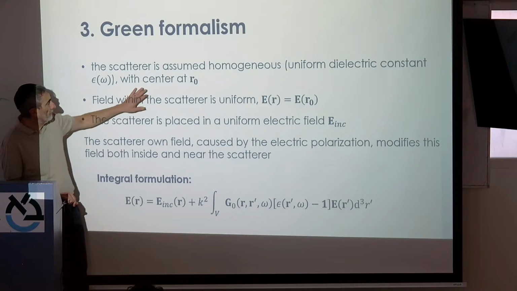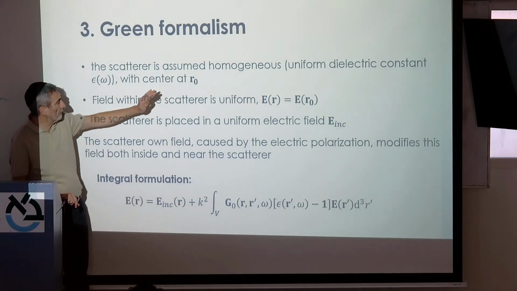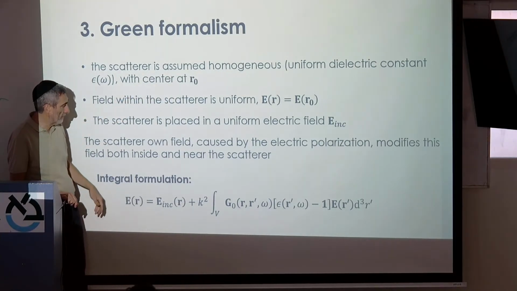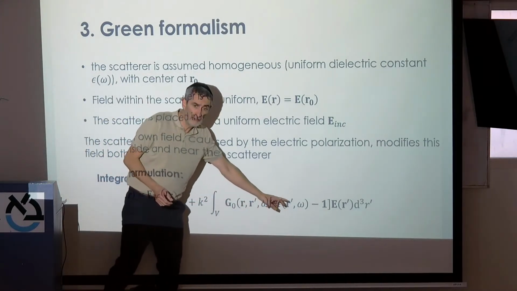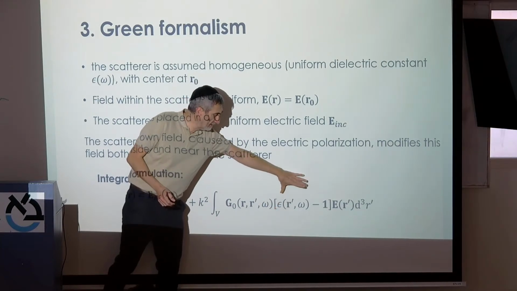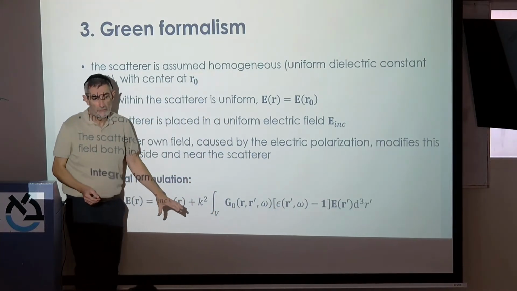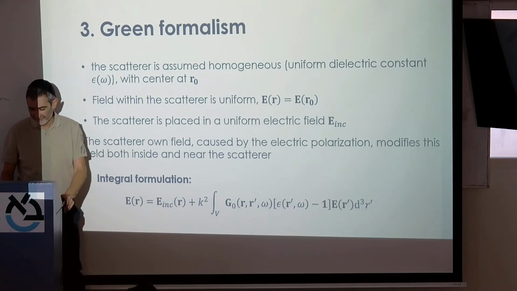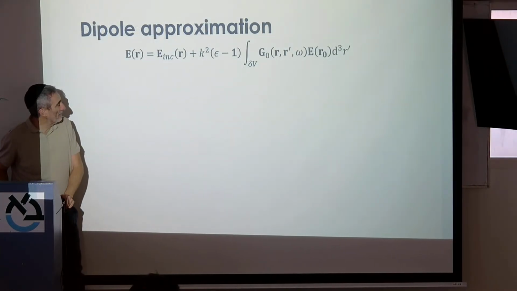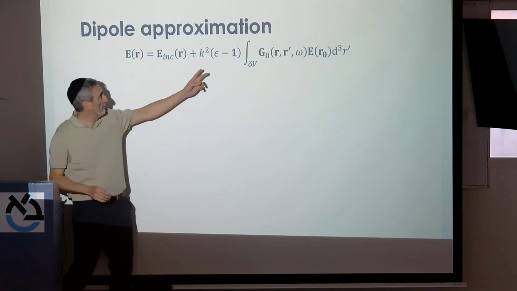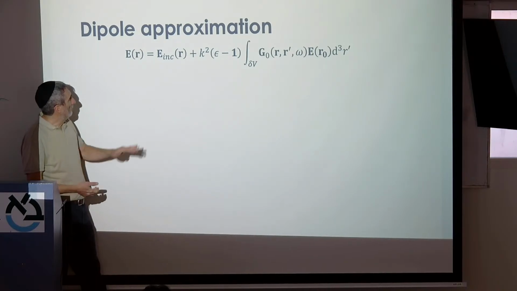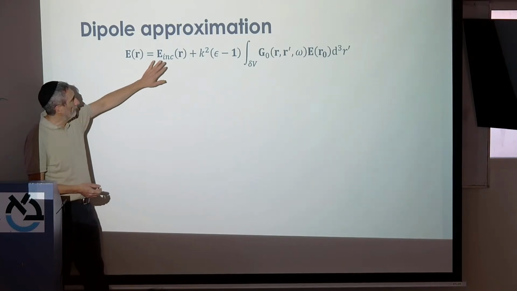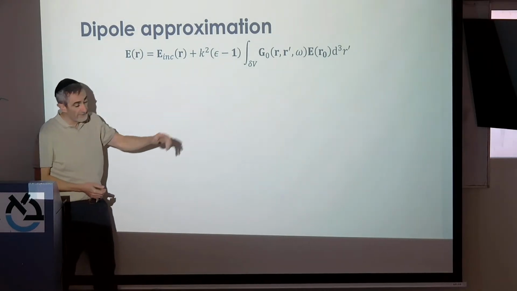If we assume that the dielectric constant is uniform inside the system, there is an obvious simplification. If epsilon does not depend on R prime, we can take this term out of the integral. So we take epsilon minus 1 outside the integral, and we are left with this expression, which gives you the field at position R as a function of the incident field and the field inside the scatterer.